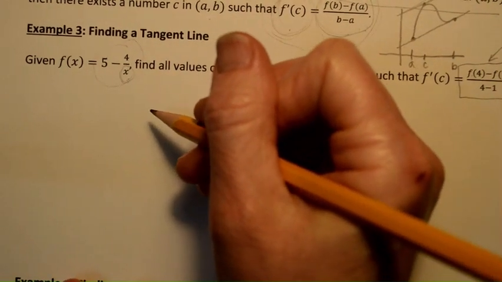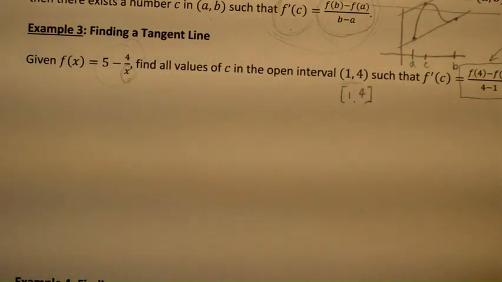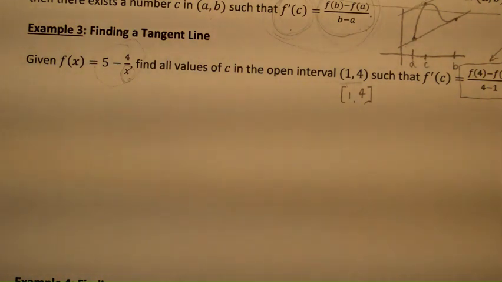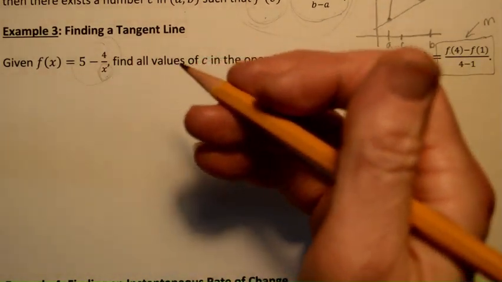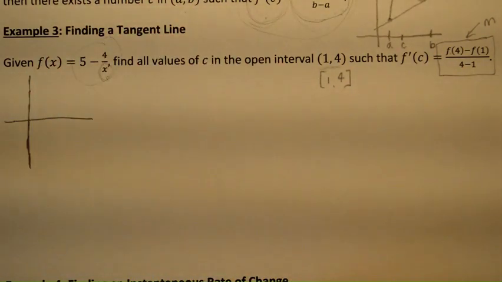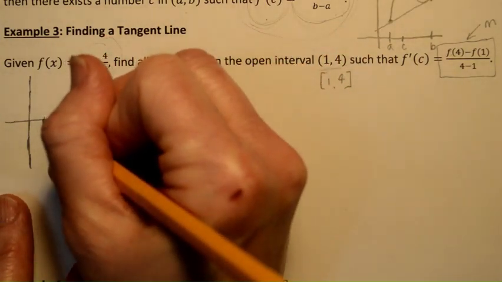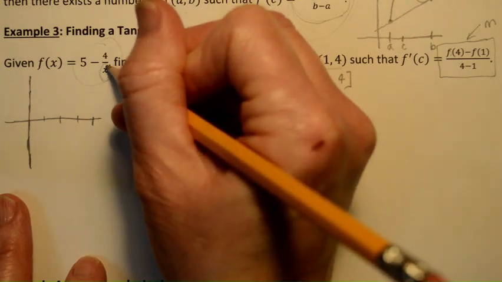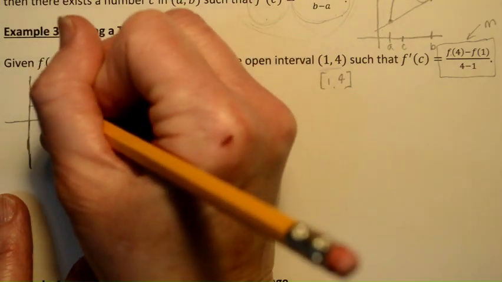Again, this is going to look something like, well, let me see, I have it sketched right here. It's going to have a vertical asymptote at 0. And then at 4, this is 1, so 5 minus 1 is 4.